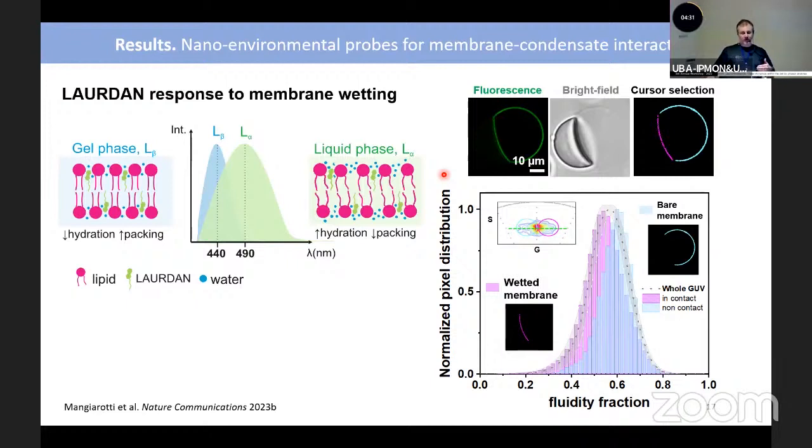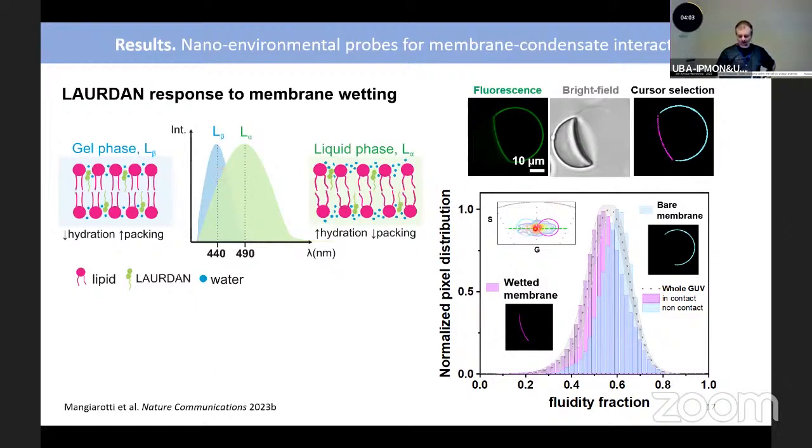So instead of using ACDAN to measure the condensate, which is what we just did before, now we use Laurdan to label the membrane, and then we use condensates that were attaching to the membrane. This is the experiment here, and Laurdan, as I explained before, senses the change in the packing of the membrane, so the organization, the physical parameters of the membrane.